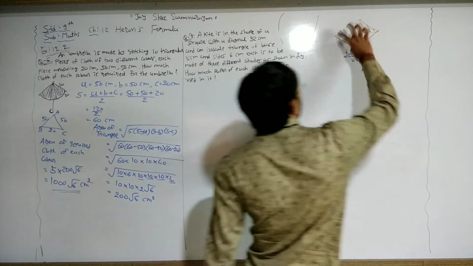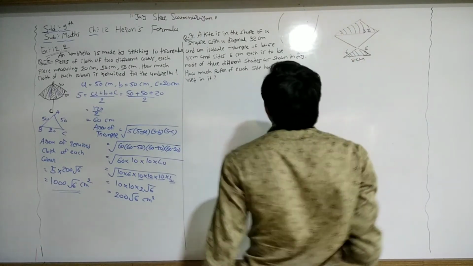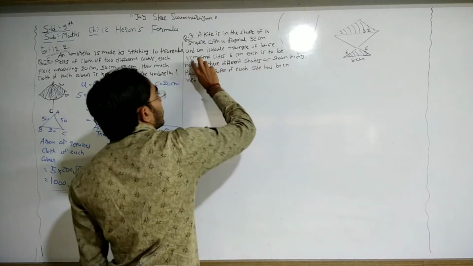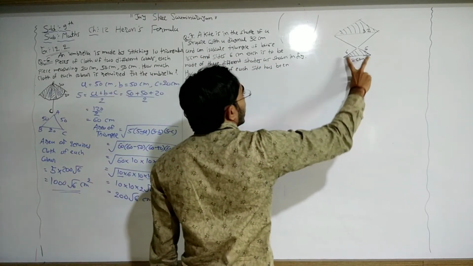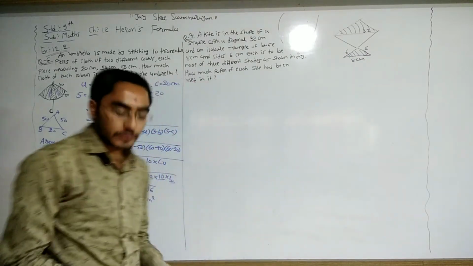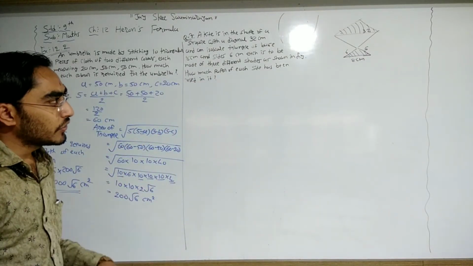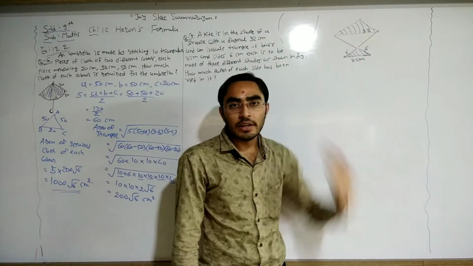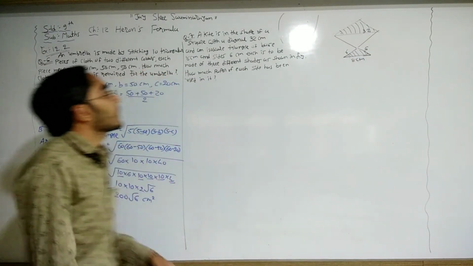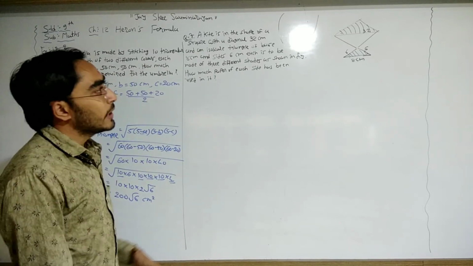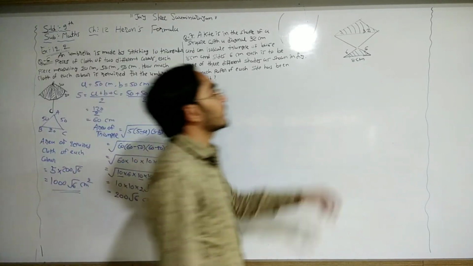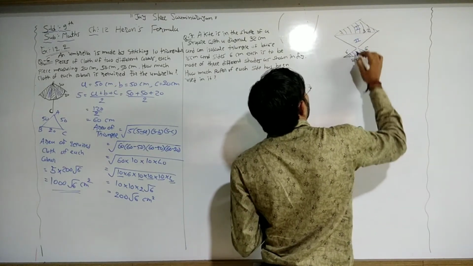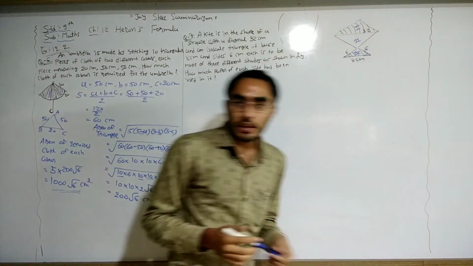Here we have one isosceles triangle in which the base is 8 centimeter and the sides are 6 centimeter each. So we have a total of 3 different shades. This is shade 1, 2 and 3.